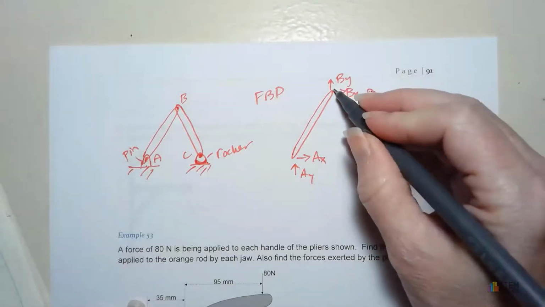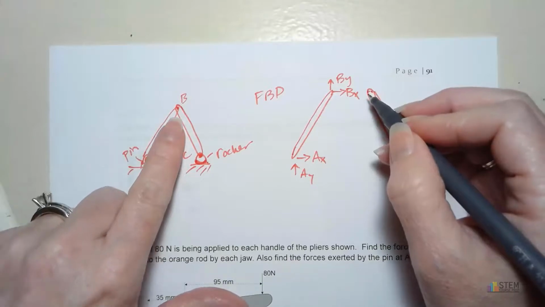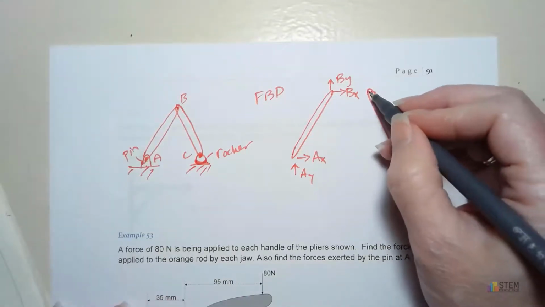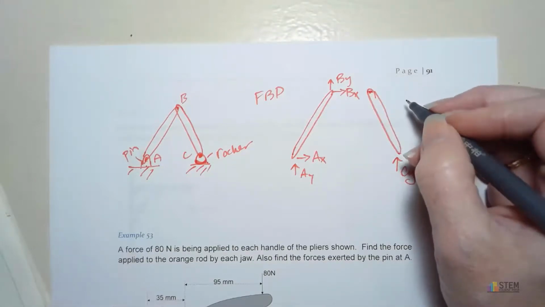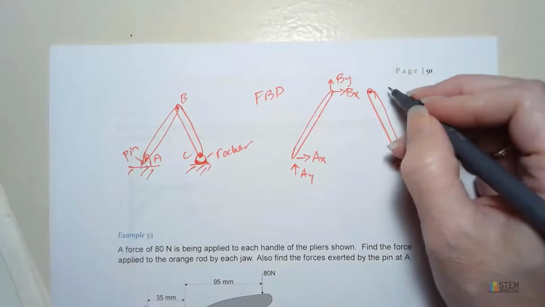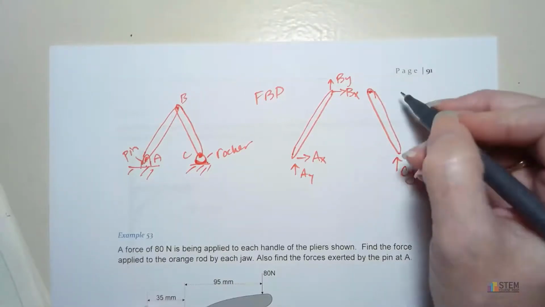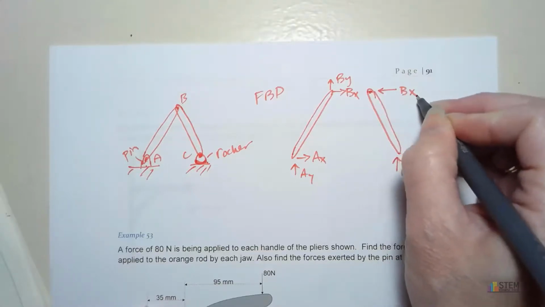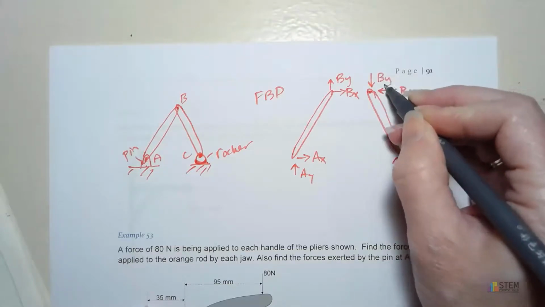Now these two points right here interact because we have this thing pinned together. All right, so they're hooked together. They can't separate at that point B. That means you've got to use that interaction, Newton's third law. So we need equal and opposite. All right, so that means we're going to have BX going to the left and BY going down.